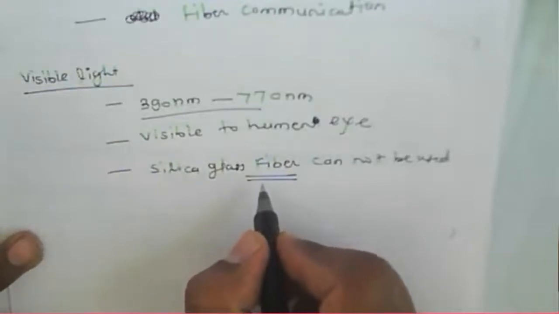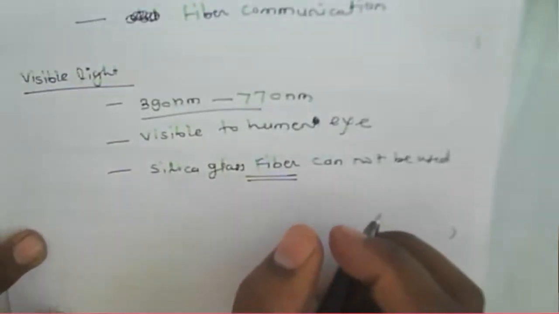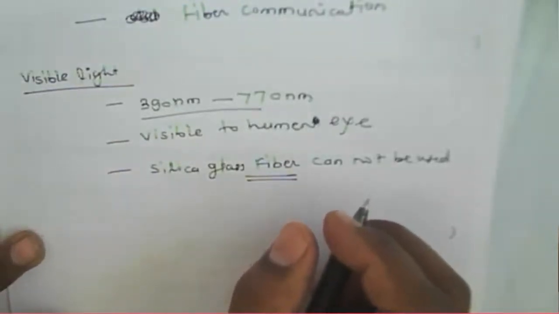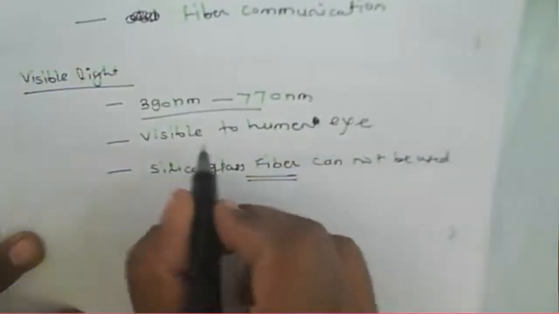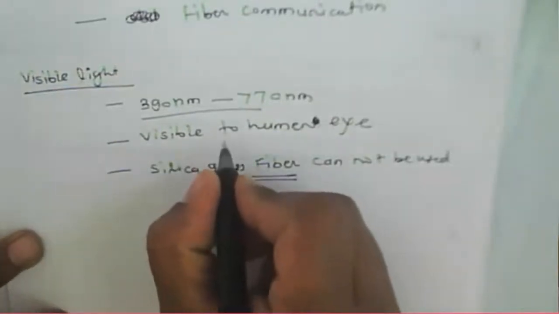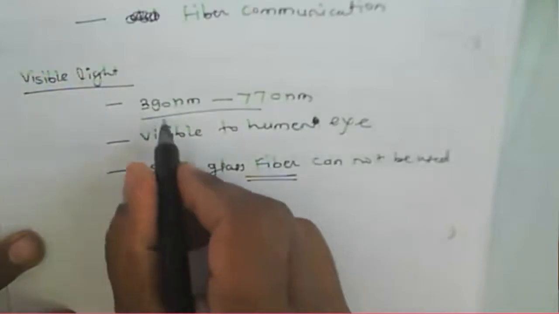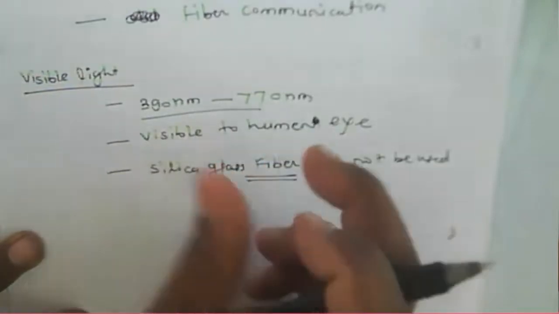Why? Because when we use this band of signal and it propagates through the fiber, all the signal will get attenuated. So attenuation takes place.